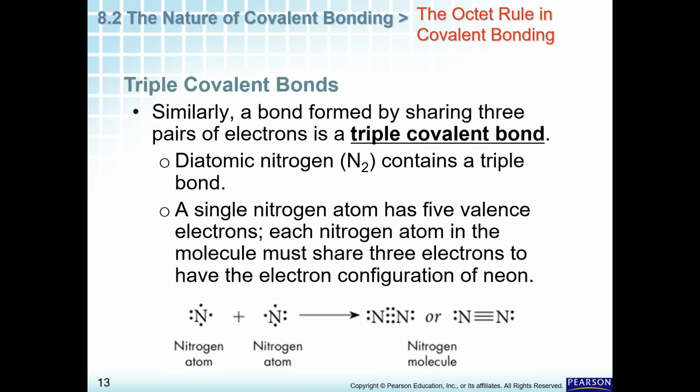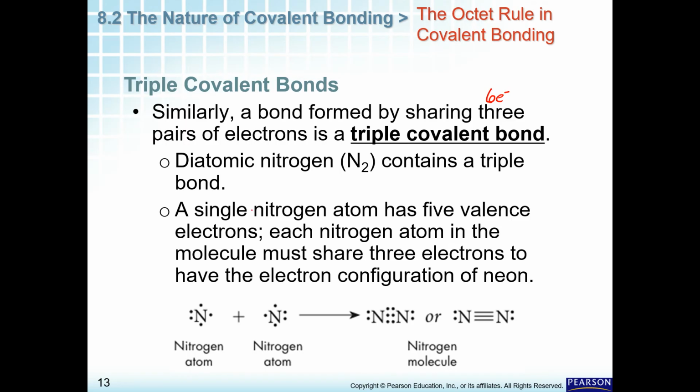Last but not least, we have triple covalent bonds. These share 3 pairs of electrons, a total of 6 electrons. An example of something that forms a triple bond is nitrogen. Diatomic nitrogen, which is N2, so 2 nitrogens bonded together, typically has to form a triple bond in order to get 8 valence electrons.